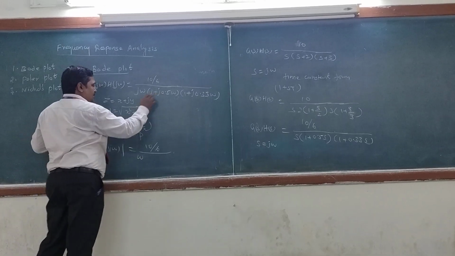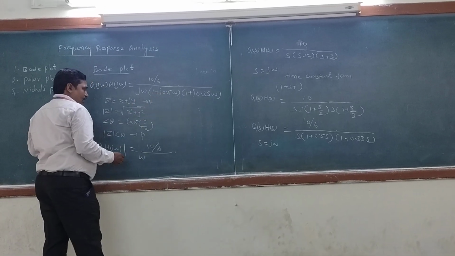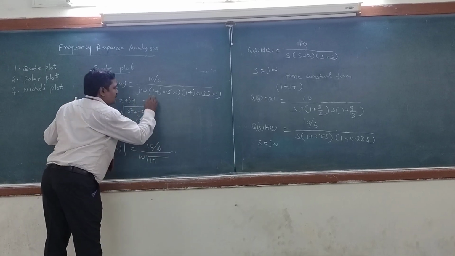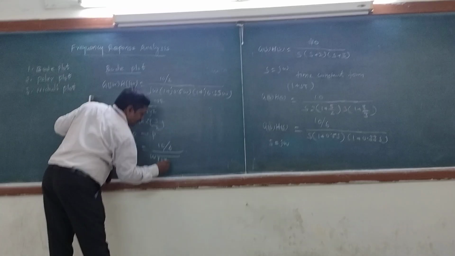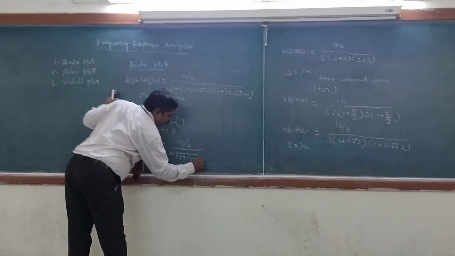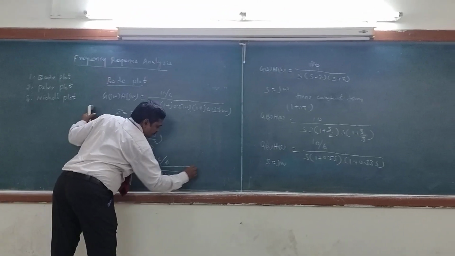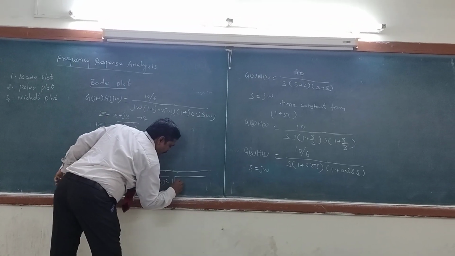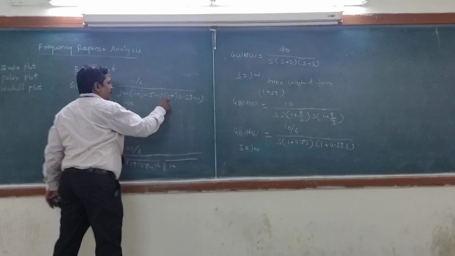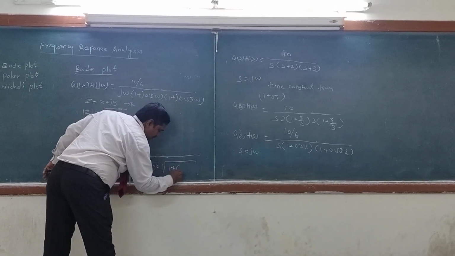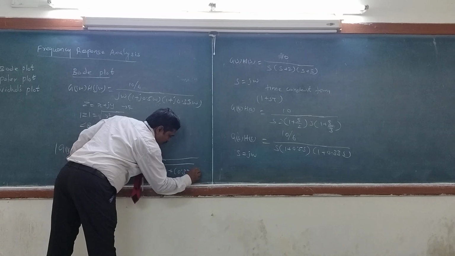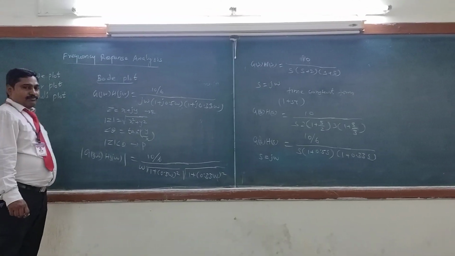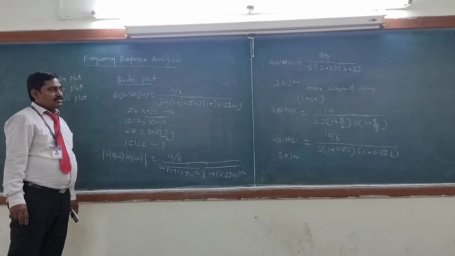For this term, there are real and imaginary terms, so square root of square of 1, that is 1, plus 0.5 omega whole square. And the third term in the denominator, again square of 1, again you get 1, plus 0.33 omega whole square. So this is the magnitude form for the given transfer function.